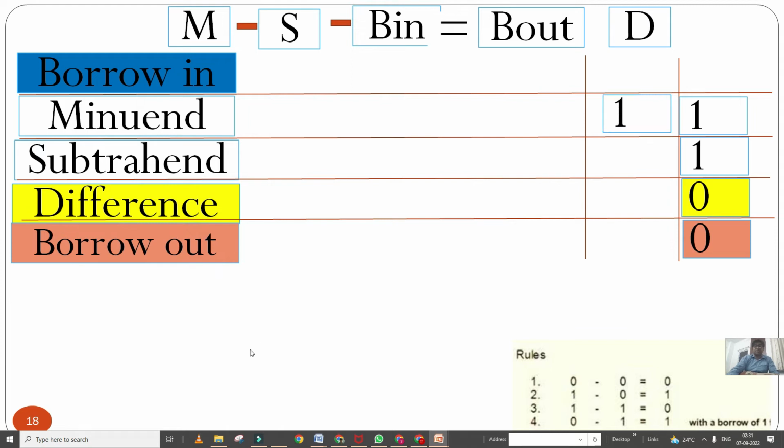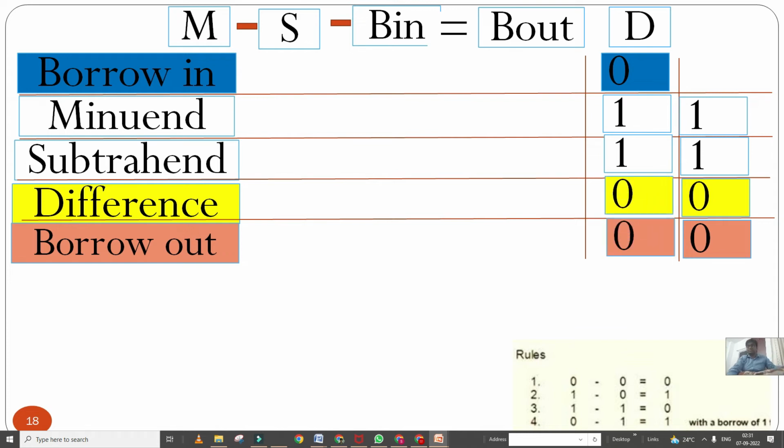If the borrow in is 0, it does not affect this result. So 1 minus 1 is 0, difference is 0, and the borrow out also 0, and 0 minus 0 is 0 and the borrow out is 0.